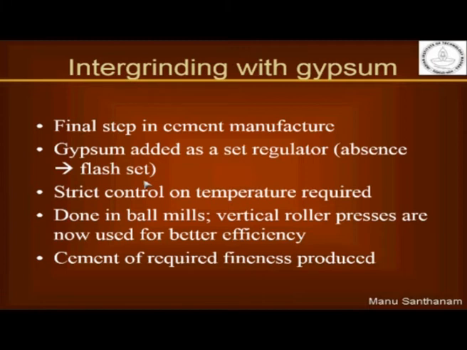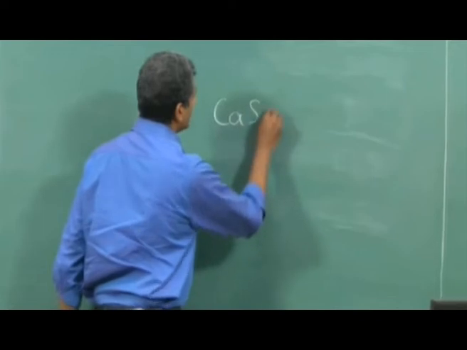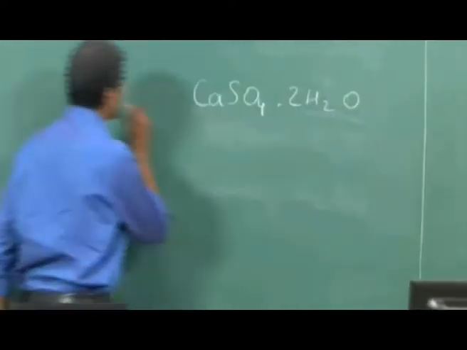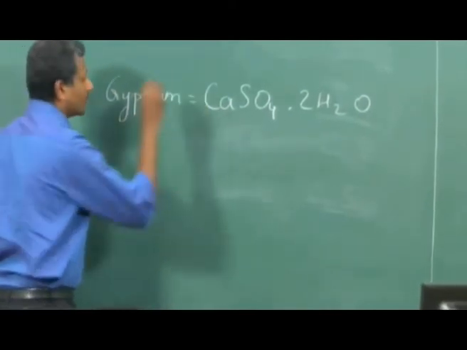Now why is this done? Because you know very well that gypsum is calcium sulfate with two molecules of water. So I'll just explain this on the board just for some clarity. So gypsum is calcium sulfate dihydrate, okay.